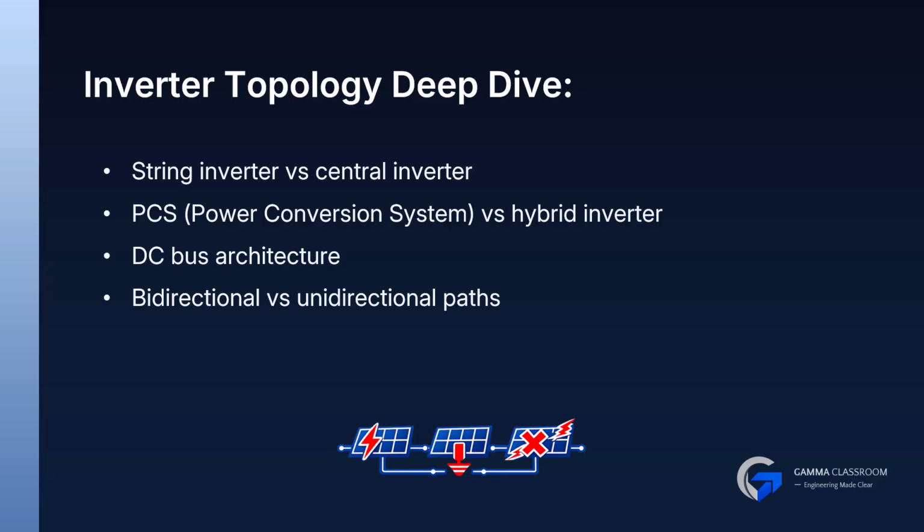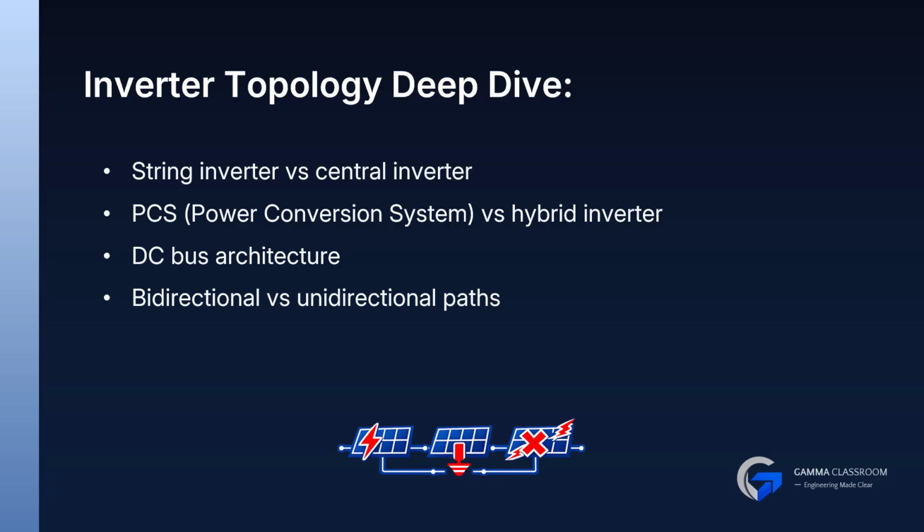String inverters distribute risk and simplify protection, while central inverters consolidate control and reduce balance of system cost. Hybrid inverters integrate PV and BESS on a shared DC bus.